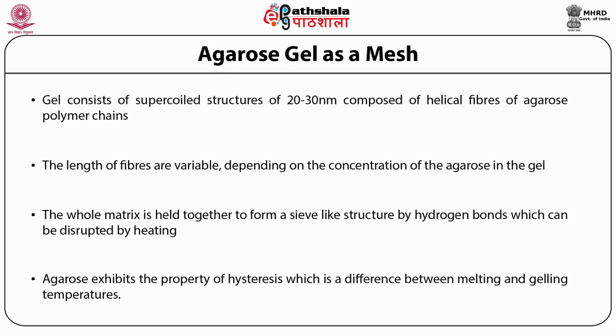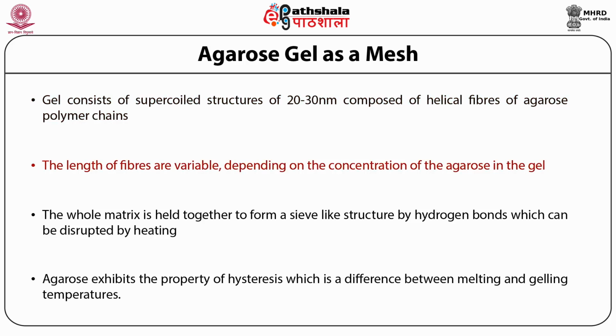Agarose gel as a mesh. The three-dimensional lattice of agarose consists of supercoiled structures with a radius of 20 to 30 nanometer composed of helical fibers of agarose polymer chains. The 3D arrangement is what determines the sieving nature of the matrix.